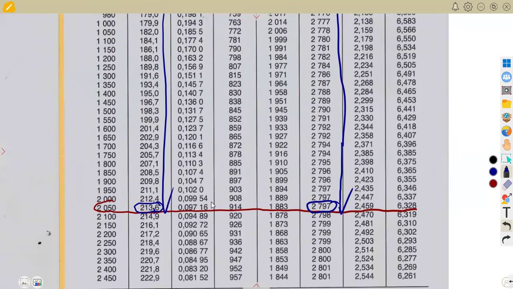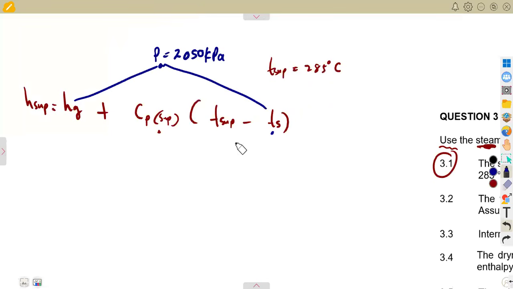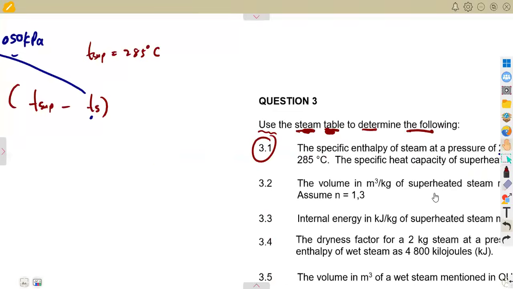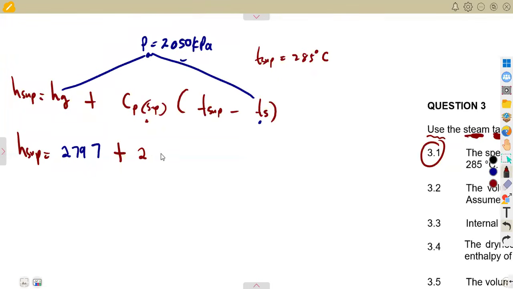So we are going to substitute these values into our formula. So H sup is going to be given as Hg, from this pressure, which we saw was 2,797, plus the specific heat capacity, which we are given: 2,1 kilojoules per kilogram Kelvin, multiplied by T sup, which we are also given.